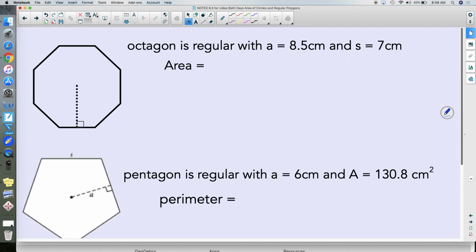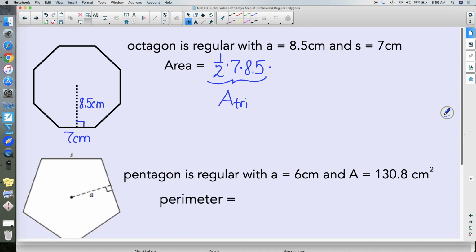Again, pause the video so that your notes have good things. We're going to try these out. I've got a regular octagon here. They told me that the apothem is 8.5 centimeters. That's that perpendicular segment. And that the side length for my regular polygon is 7. So again, I want to be thinking about that formula and how it's formed. It says 1/2 side length of 7 times apothem of 8.5 is the area of one triangle.